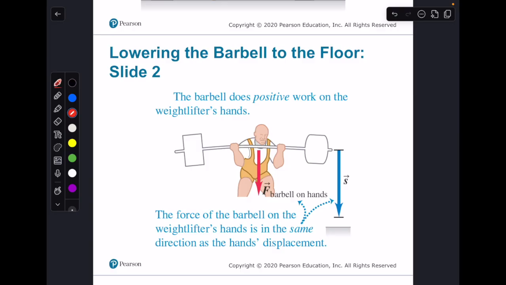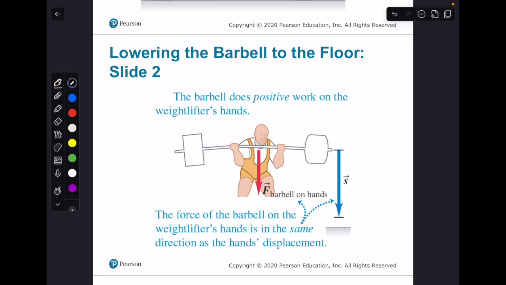We're looking at all the forces on the hands, and the specific force of the barbell on the hands. That force is doing positive work on the hands because the force direction, down, is in the same direction as the displacement of the hands, which is also down.